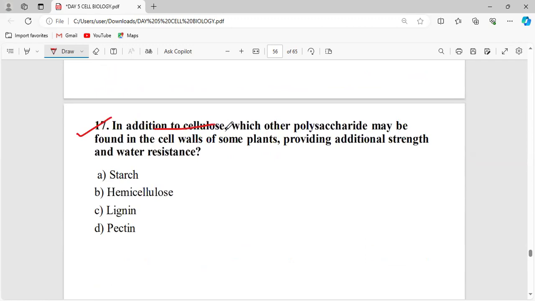In addition to the cellulose, which other polysaccharide may be found in the cell walls of some plants, providing additional strength and water resistance? Starch, hemicellulose, lignin, and pectin. Is it pectin?